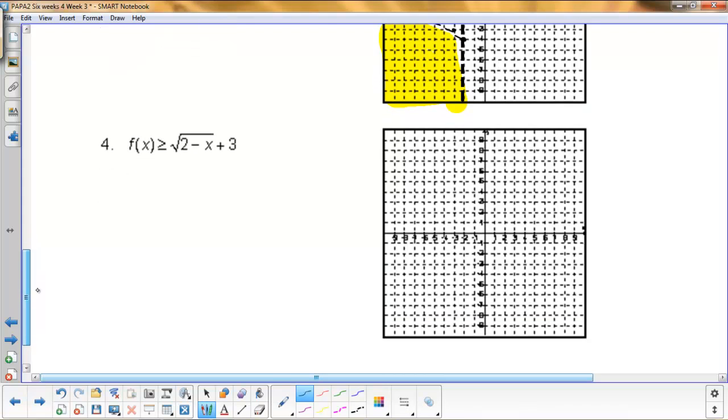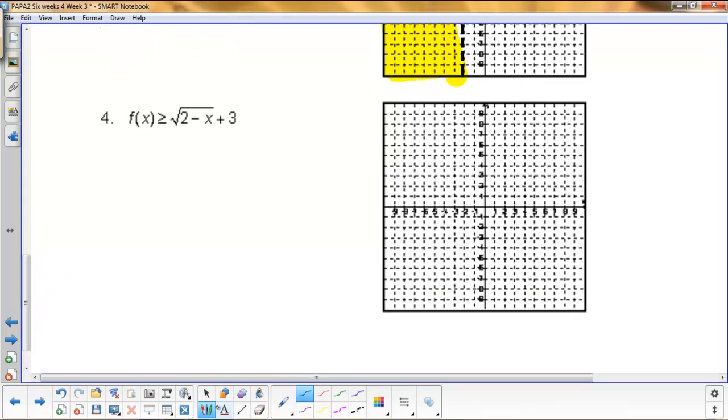Right, question number 4. Another reflection. Make sure you identify it. The coefficient of x is -1. Notice also we've changed into function notation. Not a big deal. f of x stands for y. I'm going to go ahead and switch the order of my x and my 2.